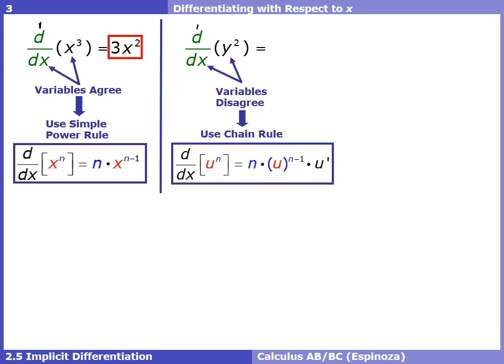We don't know how to take the derivative of y squared, but if we call that u, we can take the derivative. So that's what I'm going to do. I'm going to go ahead and just take a step to put the y in parentheses, just to emphasize that I have a y inside of a power of 2. So we can't take the derivative directly since we're taking the derivative with respect to x, but I can call y the letter u.